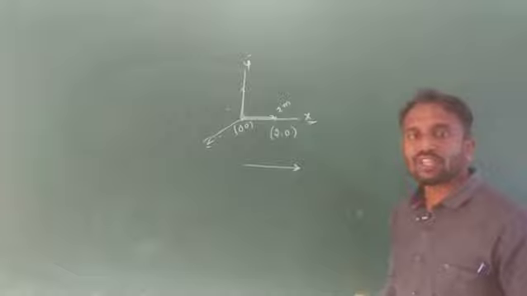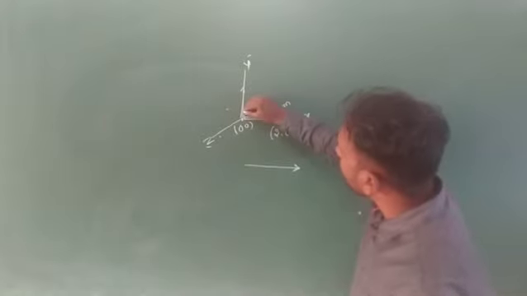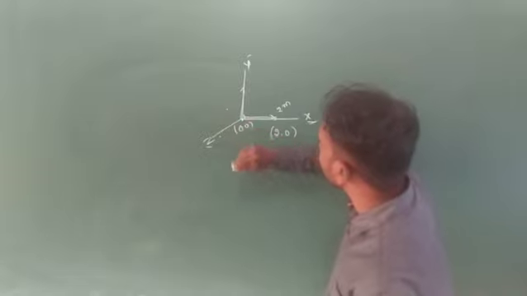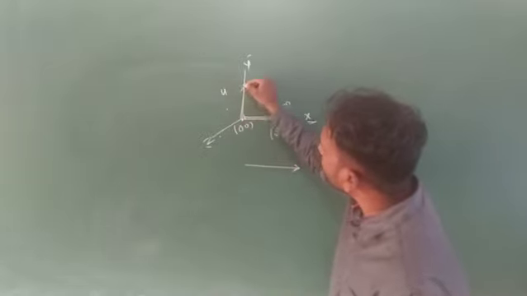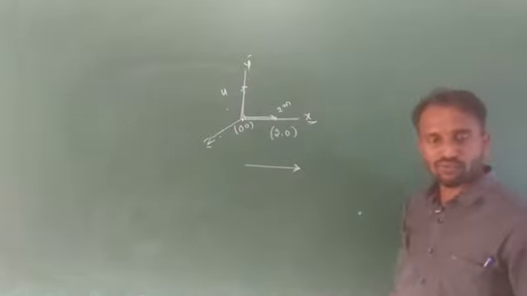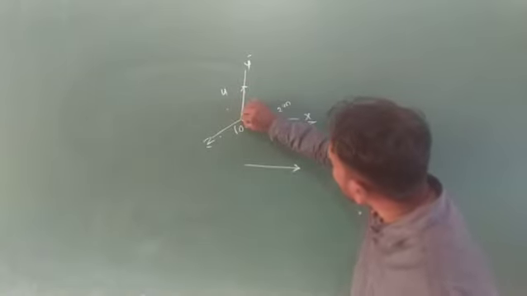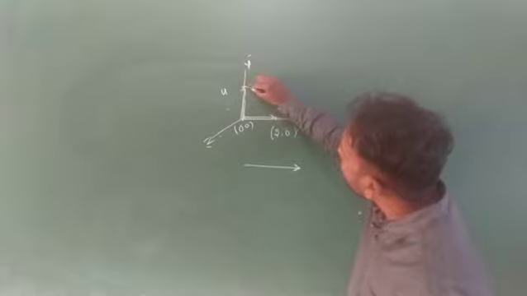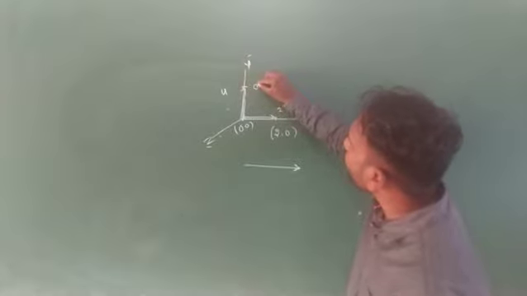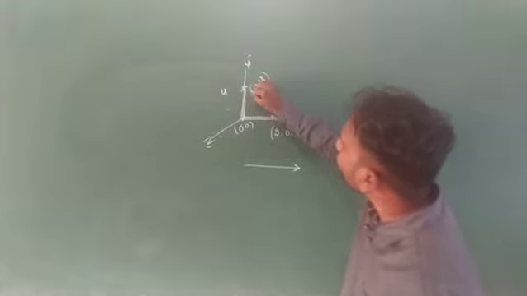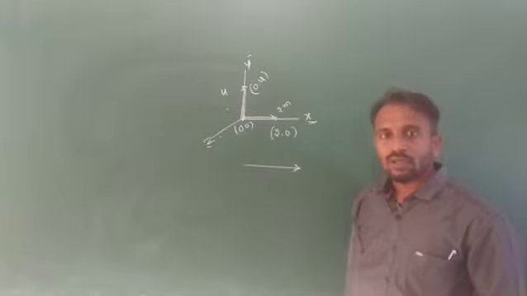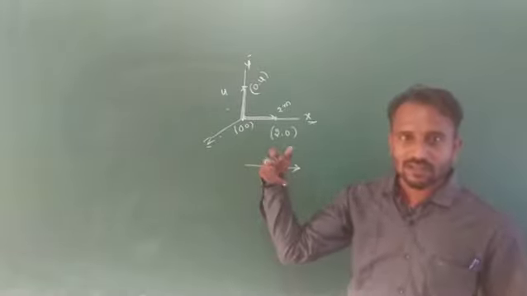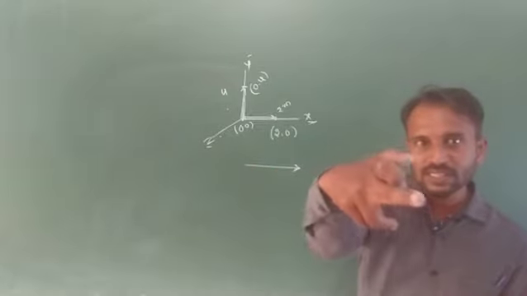Suppose the object moves in the upward direction, up to 4 meter. So here is the origin, and this is 1, 2, 3, up to 4 meter. Here it travels along a straight line. It means its coordinate along the x-axis is 0 and along the y-axis we consider 4. Suppose the object moves along the z-axis up to 3 meter.